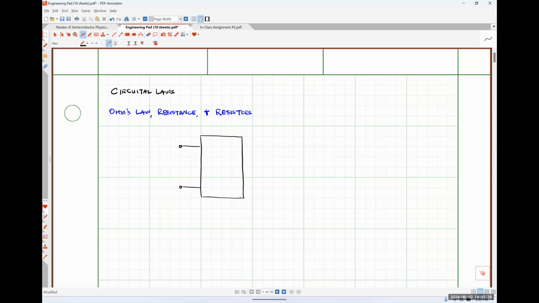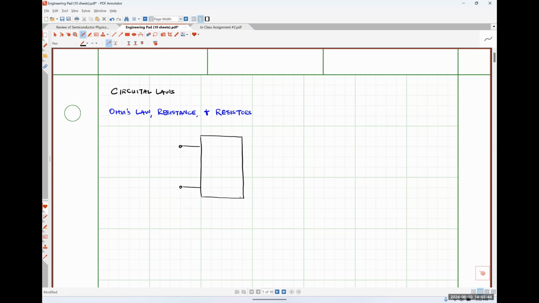Now, I'm going to make an assumption here that this is what's called a linear network. We're going to talk about the concept of linearity on next Monday's class meeting, if I've got my schedule right.